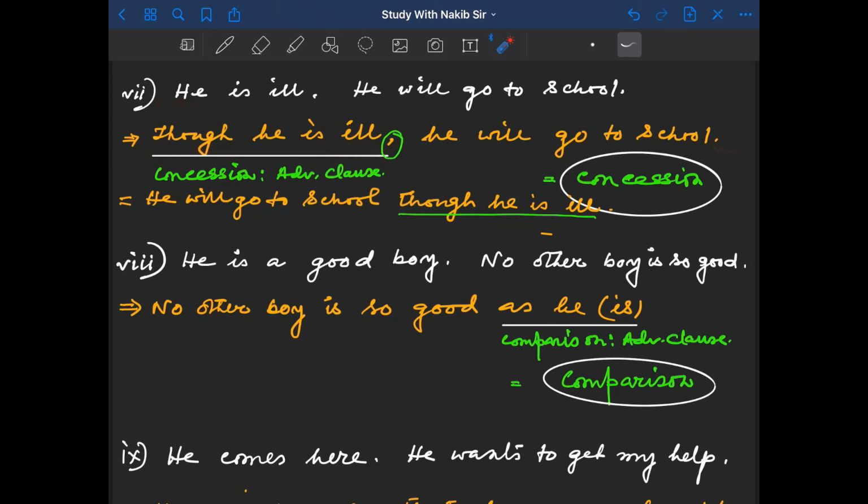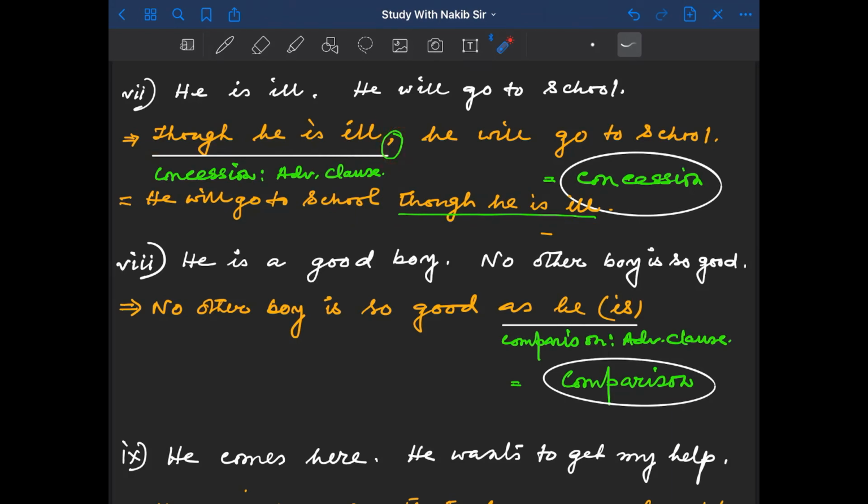This is a complex sentence. This is a concessional adverb clause. You may combine this also this way. He will go to school though he is ill. Though he is ill is an adverb clause written at the end, so there is no comma in between, but if it is written at the beginning, comma is used.